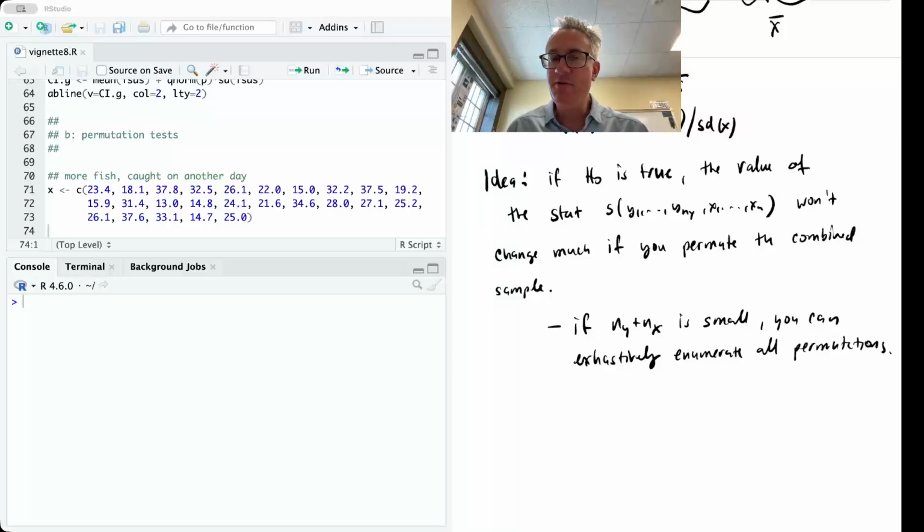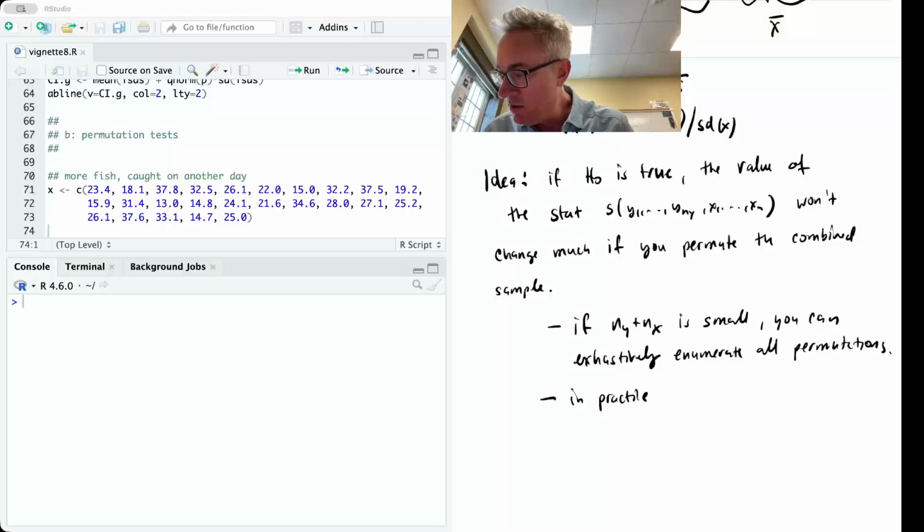But it's difficult to explore all possible permutations of a deck of cards because there are 52 cards in a deck and 52 factorial permutations, which is a really big number. So if you can't exhaustively enumerate all 52 factorial, or maybe even bigger than that, if ny plus nx is big, in practice, you actually do shuffle. You explore the permutations randomly. So one randomizes.